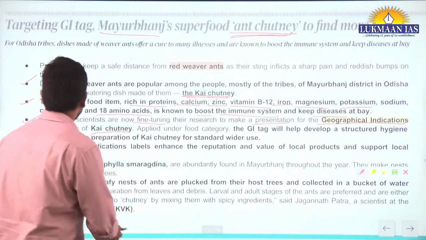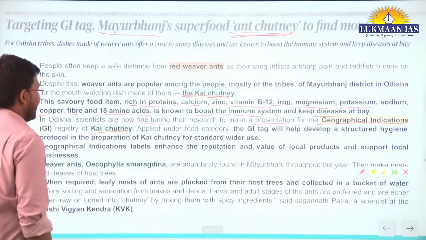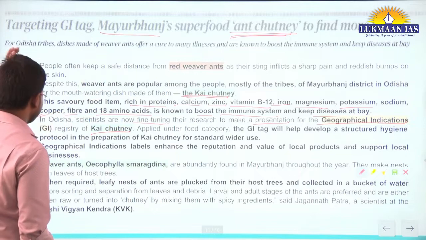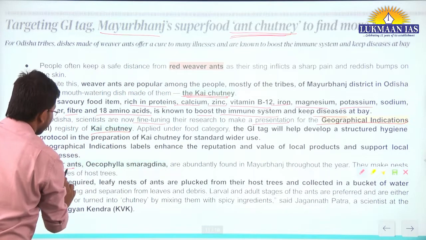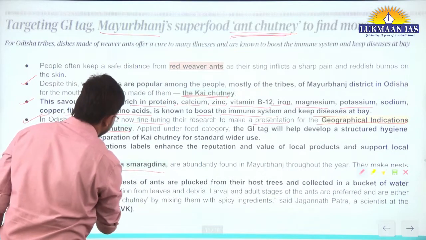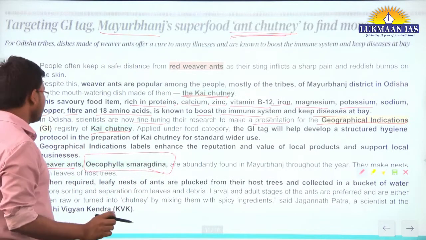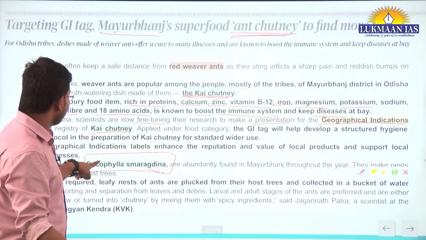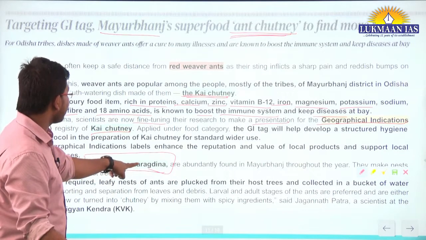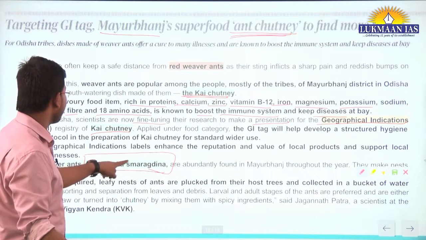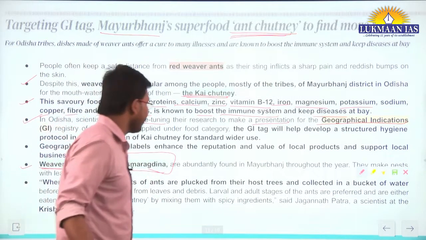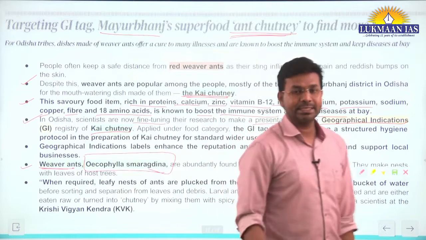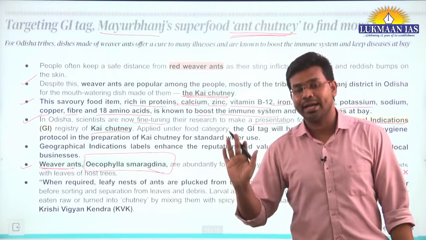Apart from this, this red ant is also known as the weaver ant, and the scientific name of this particular ant is Oecophylla smaragdina.